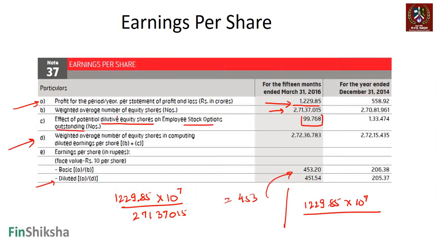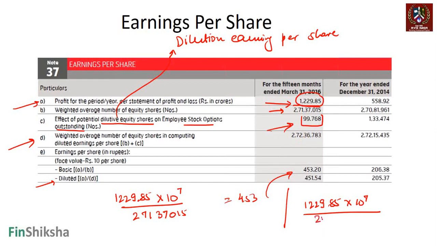Why are they called dilutive? Because they will result in dilution or reduction in earnings per share, right? They will reduce the earnings per share for everyone because more shareholders are now sharing the same profit of the company. The profit is the same, right? And some new shareholders came into the picture.